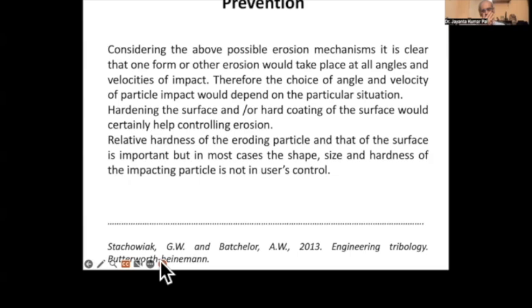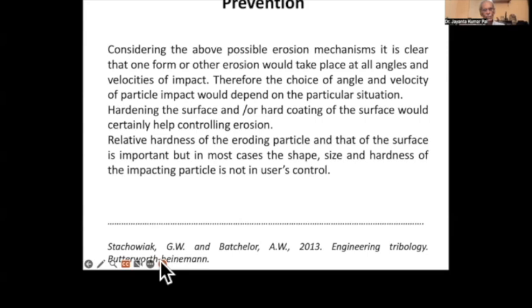So it is clear that the erosion mechanism depends on the angle of impact, type of material, and hardness of the impacting particle. So the relative hardness of the eroding particle and that of the surface is important. But in most cases, we cannot do much about it.